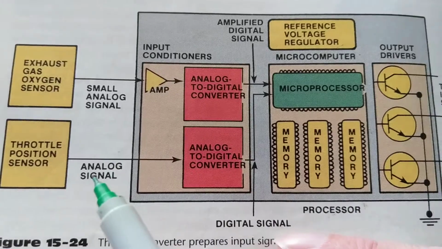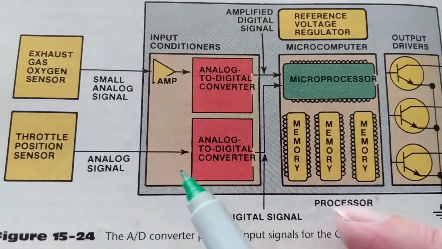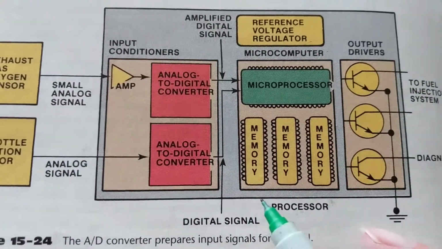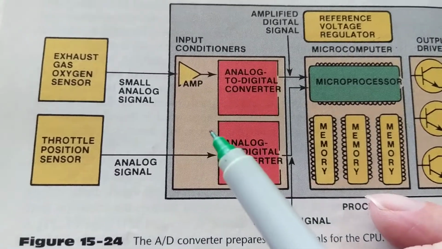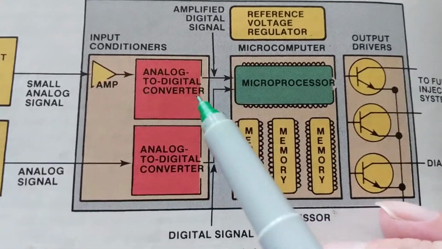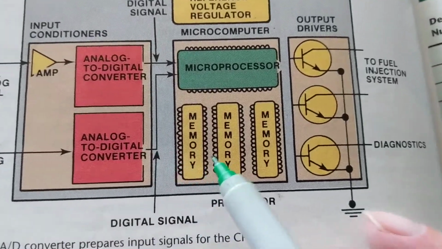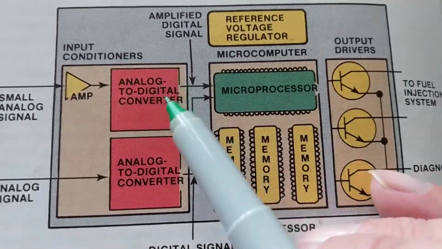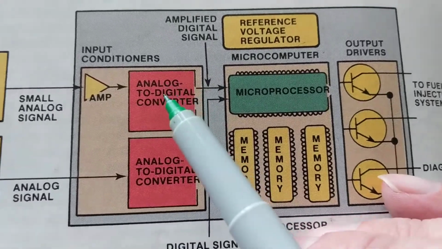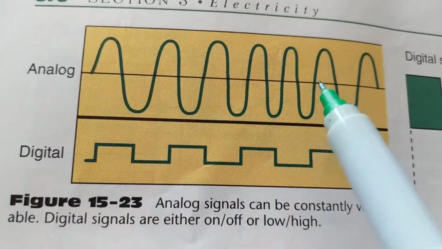You see, everything coming in from the throttle position sensor goes into these sections. If it's an analog signal, it has to be converted to digital. Sometimes you already have a digital signal, so it goes in digital. Analog to digital converter means it'll change it from analog to digital. This is digital.